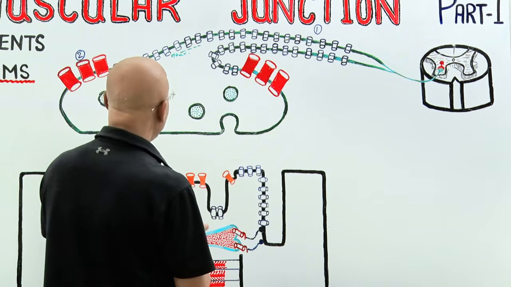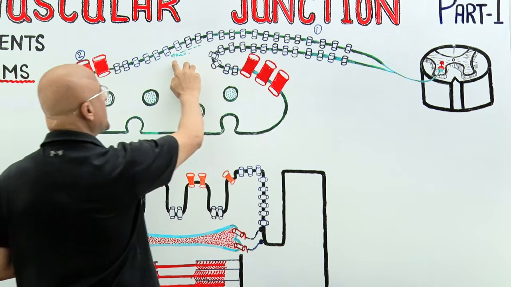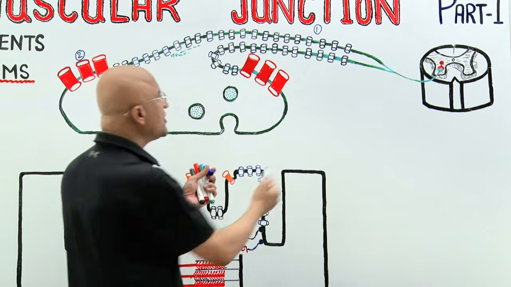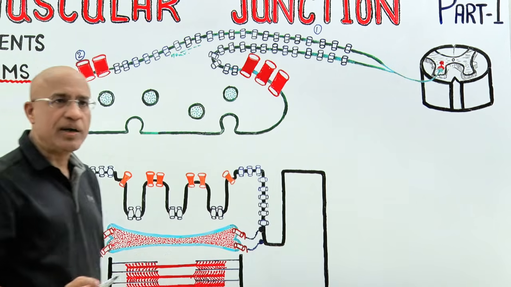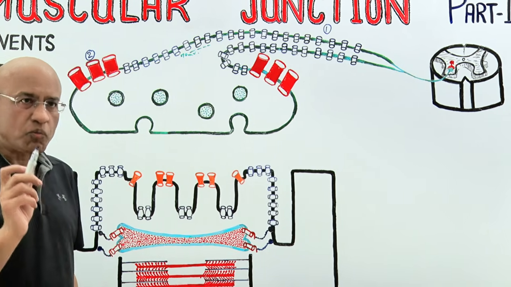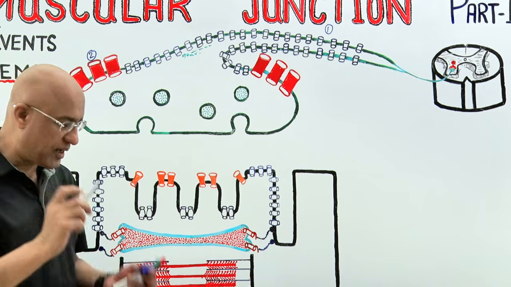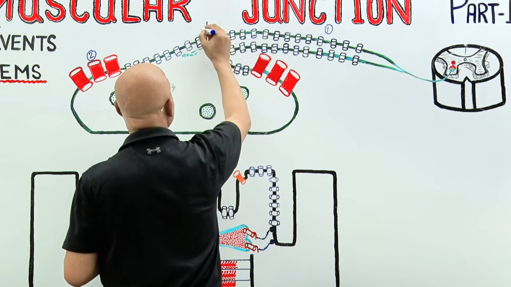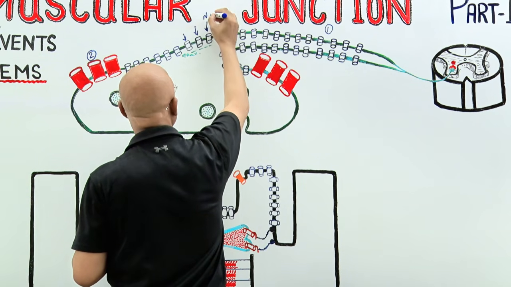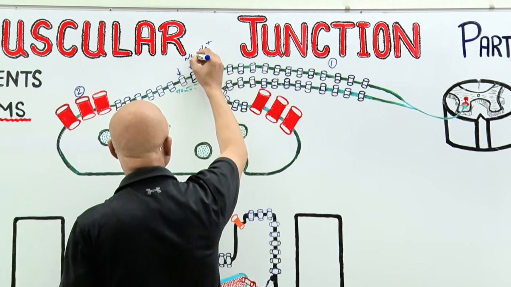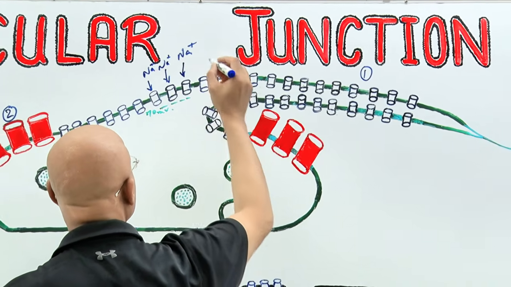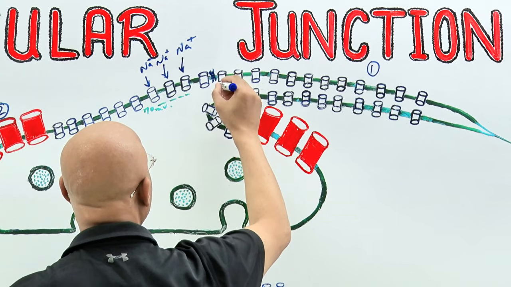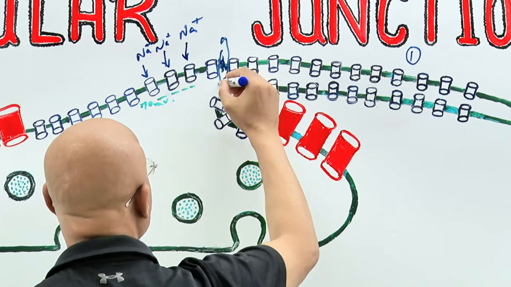I will not go into detail, but let me tell you, when there is no impulse coming, it is minus 70 millivolts. What really happens when this is excited? It activates the voltage gated sodium channels. When voltage gated sodium channels open, a lot of sodium will go in, because extracellular sodium is more and intracellular sodium is less. Why is it so? All of you know that the sodium potassium ATPase pump is always taking sodium out and bringing potassium in.